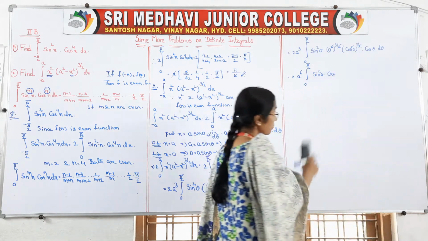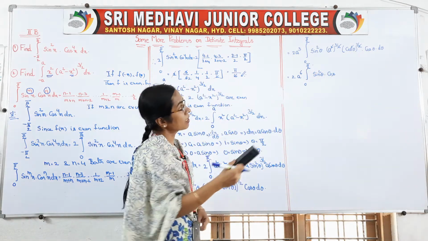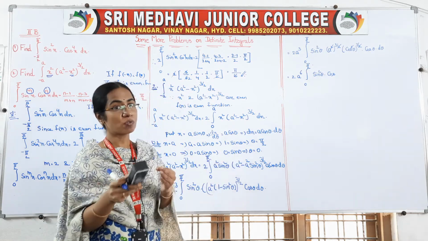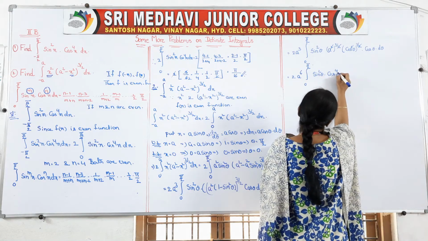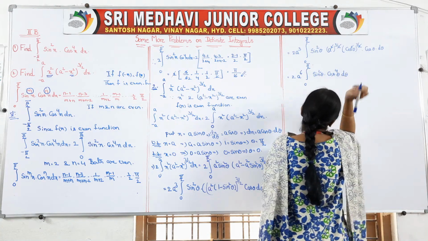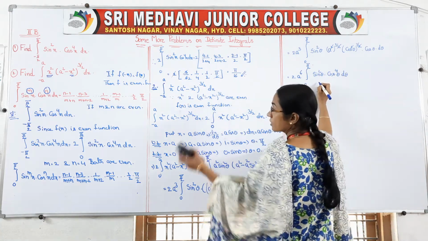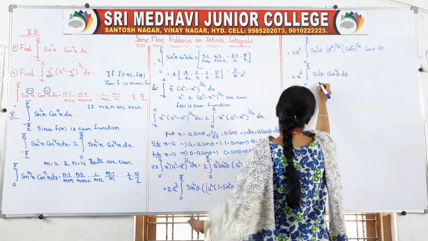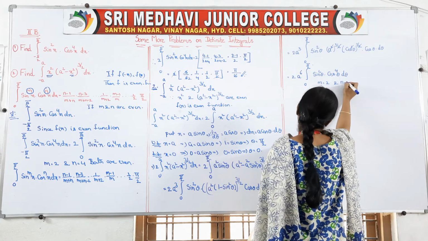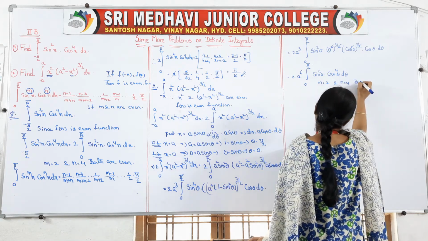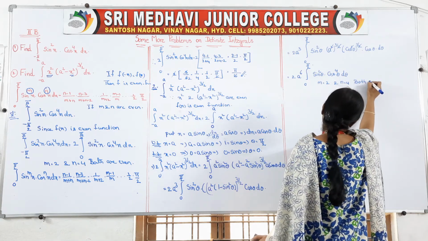Cos to the power of 3 theta is there into cos theta is there. 3 times into 1 time, 4 times. So it is cos to the power of 4 theta d theta. So your sin power should be taken as m. M is equal to 2 and n is equal to 4. Both are even, isn't it?